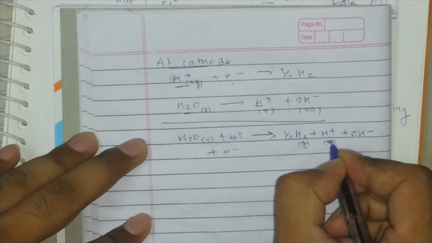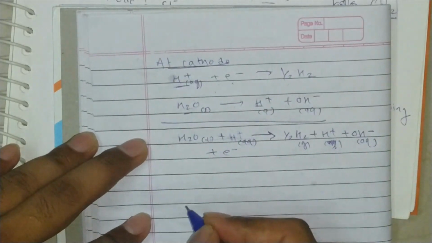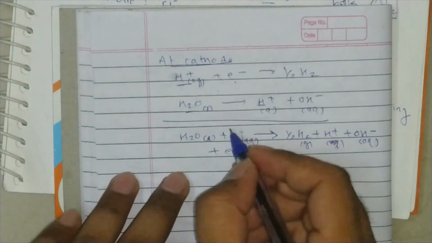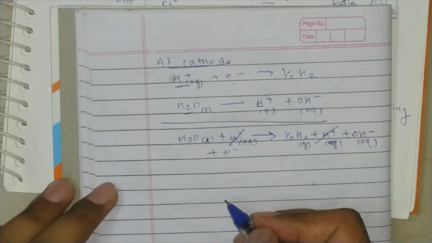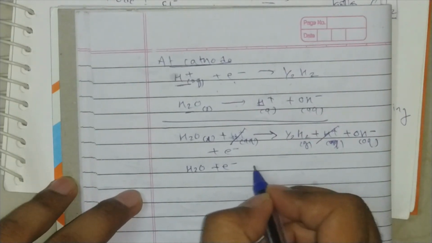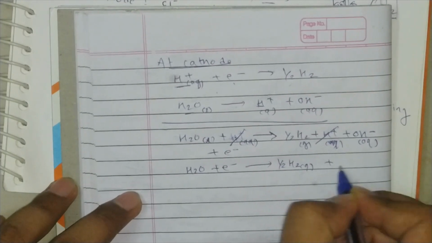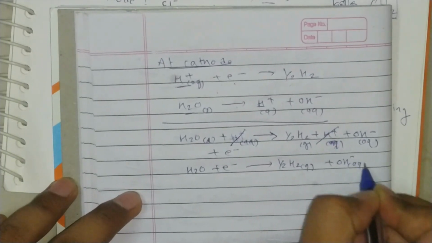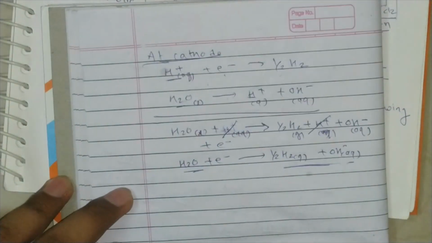This is gas, this is aqueous, and this is aqueous. This is also aqueous. This is liquid. Now you can see H plus ion is present here, so it will get cancelled. So remaining is actually H2O plus 1 electron will give half of H2 gas plus OH minus ion, that is aqueous. So this is the actual reaction that is happening at the cathode, right?